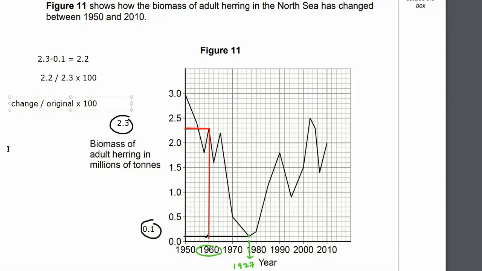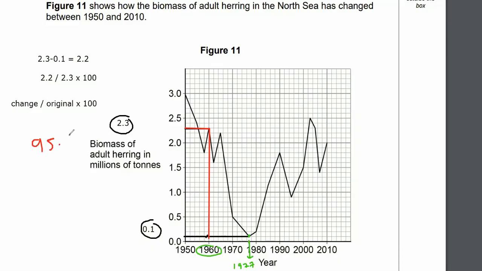And that is going to give us the percentage decrease, how much it's gone down by. Doing 2.3 minus 0.1 to get 2.2 will get you a mark. Then divide them and times by 100 for another mark, change over the original. You'll then get 95.65.